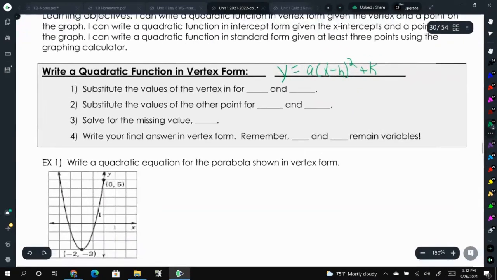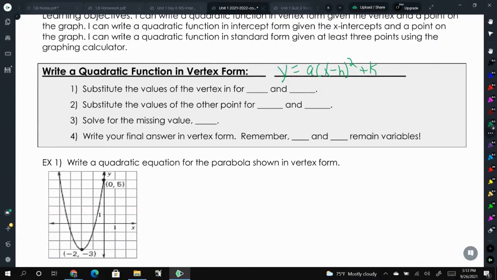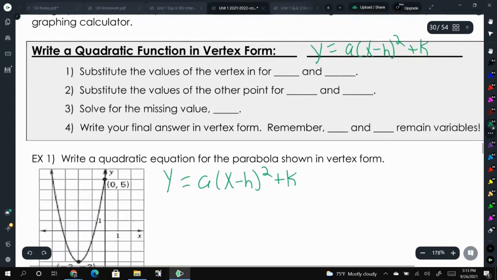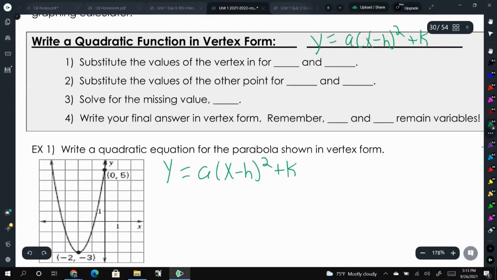So what we're going to do is solve this example 1 down here while looking at the steps. So I'm going to just write this down here again so we can refer to it easier. The first thing we're going to do is substitute values of the vertex in for h and k.